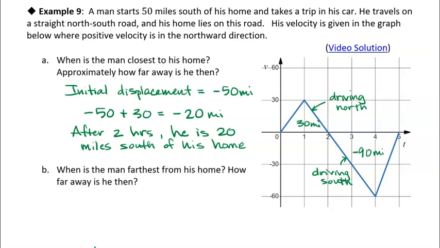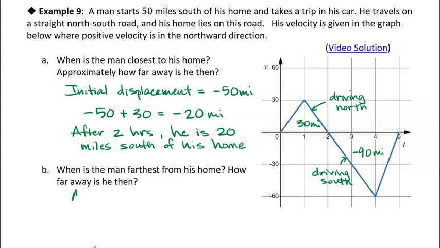So he drove 30 miles north, and then he drove 90 miles south. So where is he when he's the farthest from his home? Well, he's farthest from his home when he's driven south 90 miles.